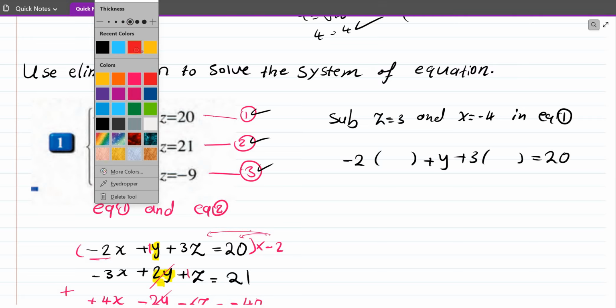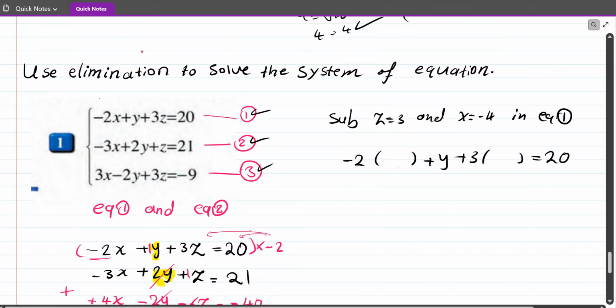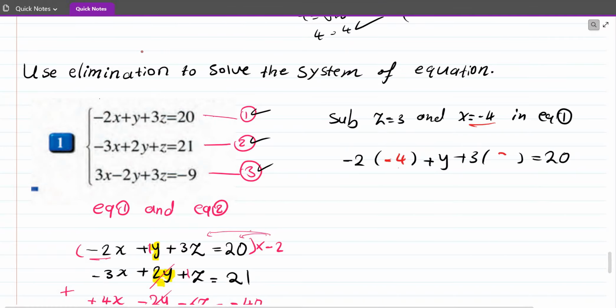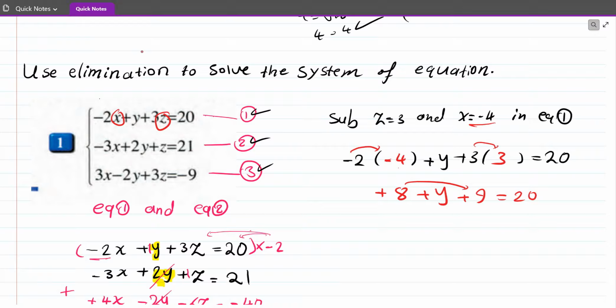So for x we have negative 4 and for z we have 3, right? I substitute them instead of x and z in equation 1. So negative 2 times negative 4 equals positive 8, plus y, plus 3 times 3 is 9, equals 20. 8 with 9 equals 17.